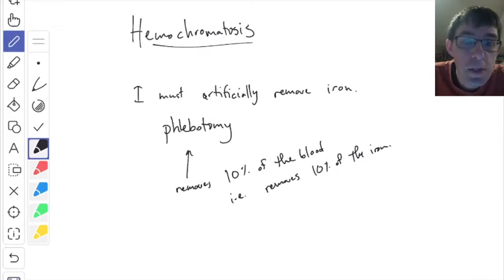Okay, so let's talk about the details. My own personal experience. When I first discovered that I had this, it's because my sister had some kind of non-typical blood test, and they discovered that she had way too much iron in her blood, and then we all got this genetic test, and they found out that we all have it.